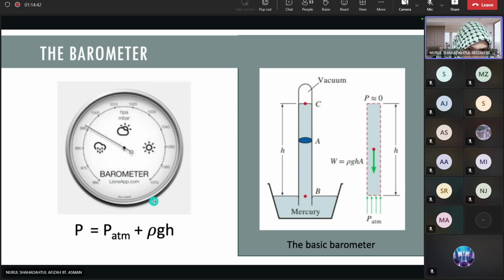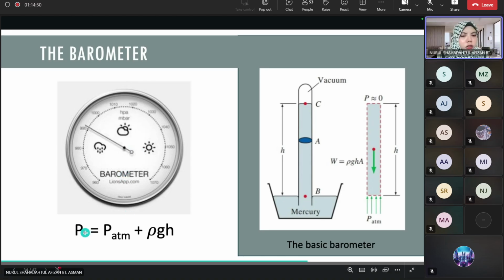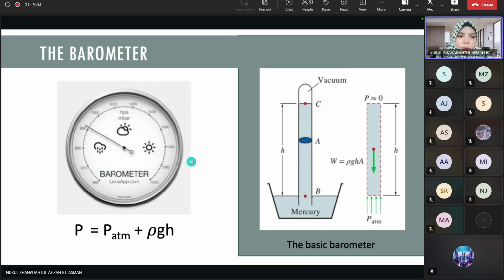If you want to check pressure, you can see previously the pressure equals atmospheric pressure plus ρgh, density times gravity times height. So this is the basic barometer.